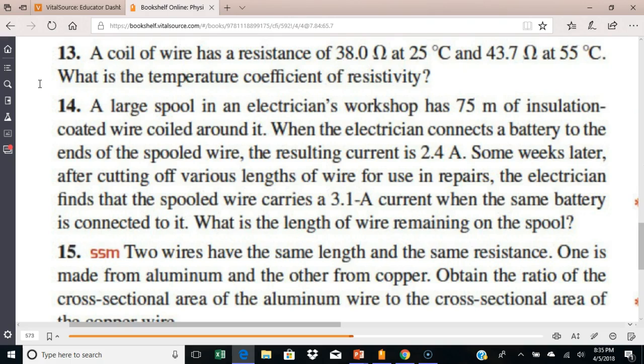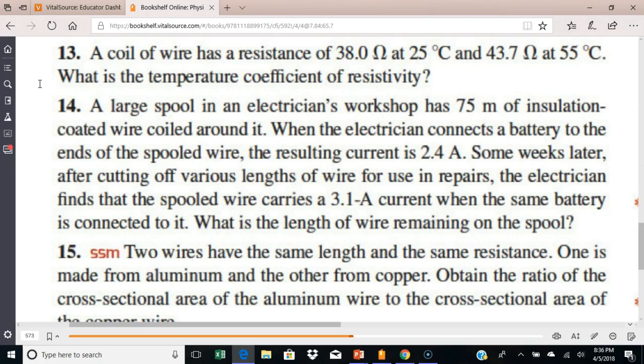A couple weeks later, after cutting off various lengths of wire for use in repairs, the electrician finds that the spooled wire carries a 3.1 amp current when the same battery is connected to it. What's the length of wire remaining in the spool?